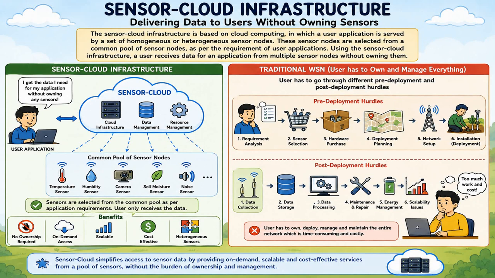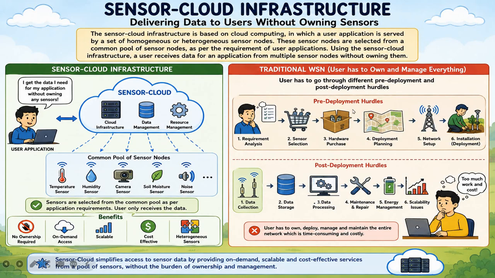Now on the right side of the image, you can see the traditional wireless sensor network approach. In this system, the user must perform many tasks before deployment and after deployment, that is the pre-deployment and the post-deployment.